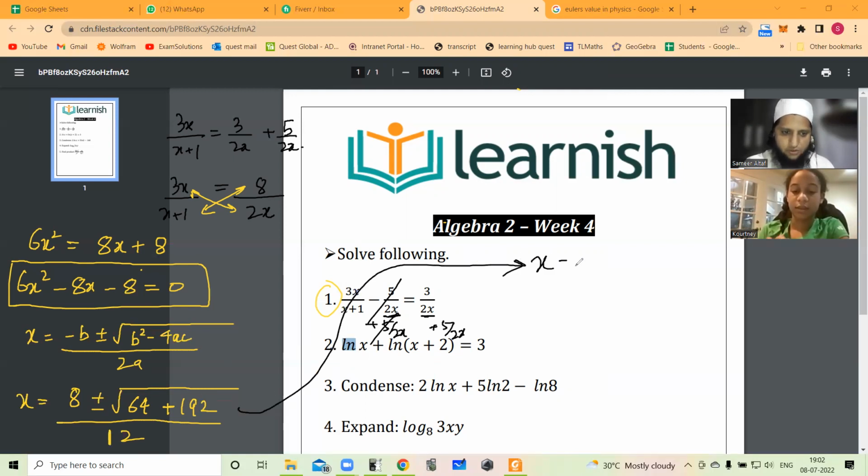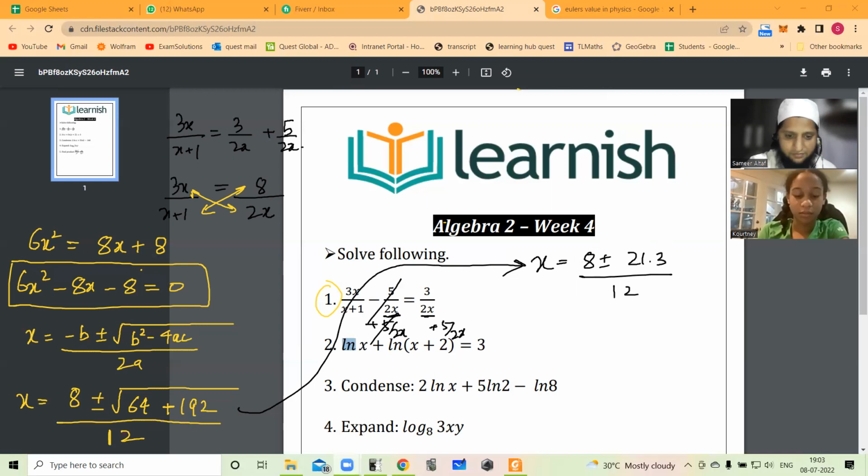So then we need to simplify it. x equals 8 plus or minus the square root of 64 plus 192.